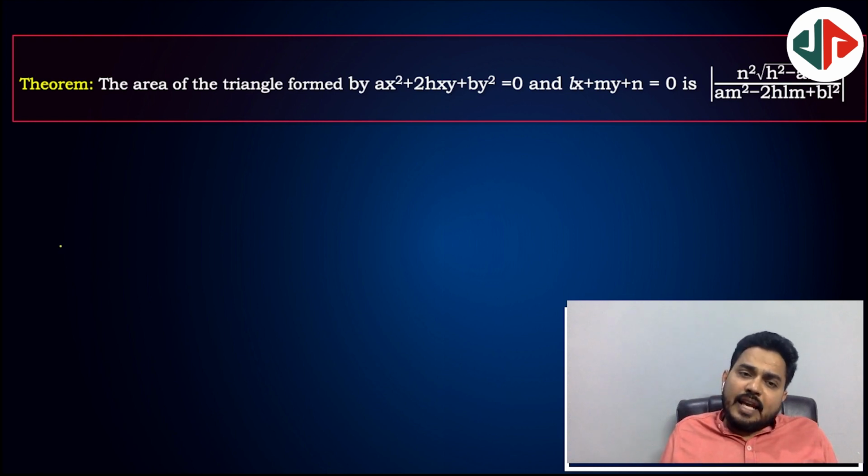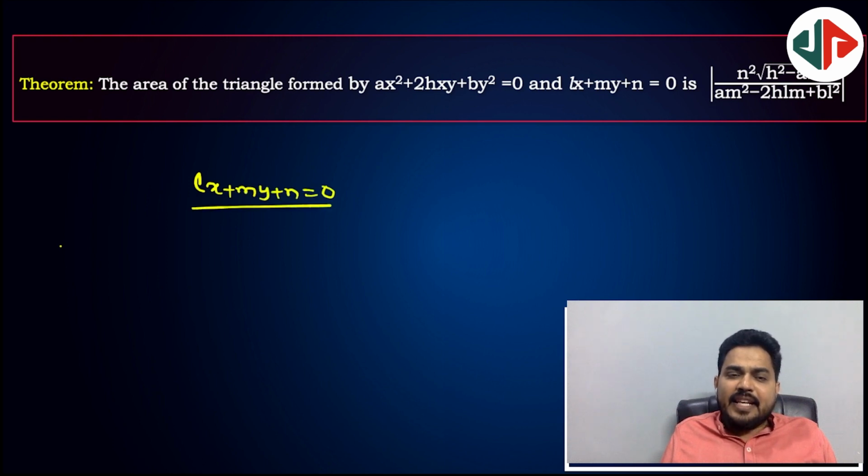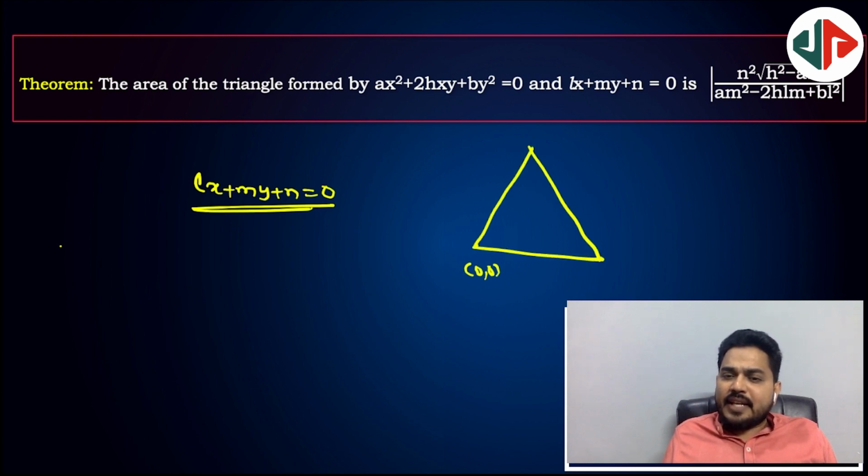Now a line lx plus my plus n is equal to 0 is given. I need to find, somewhere the origin is here, a pair of lines such that it will form an equilateral triangle.